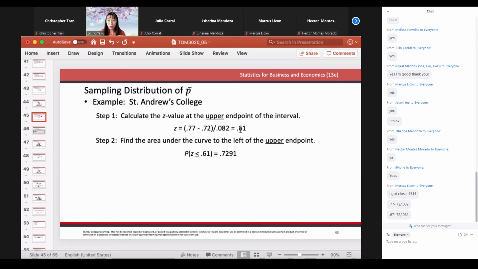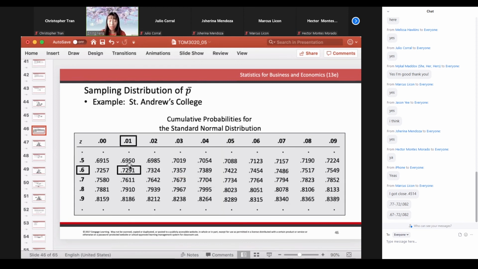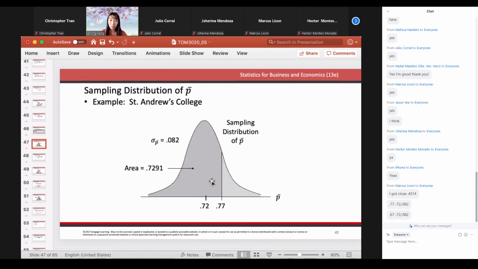So Z equals 0.61. Then when we go back to the Z table, we map it to row 0.6 and the column 0.01. So the intersection gives us 0.7291. And as you could see, that's the entire area to the left for the larger value.